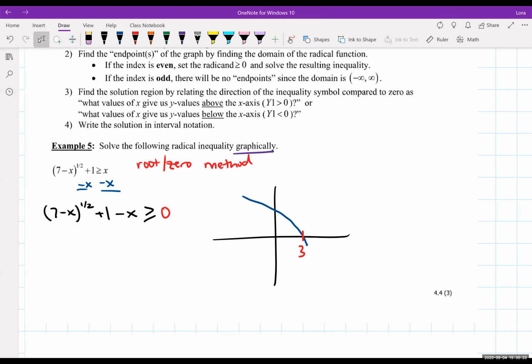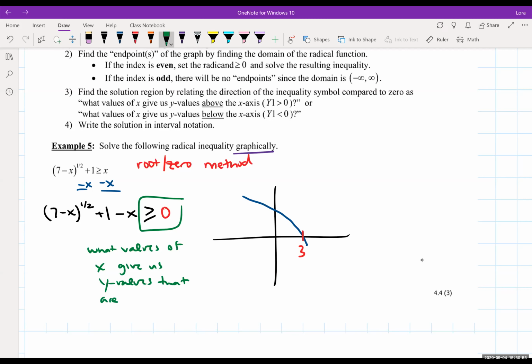Now when we interpret our graph, remember that if it says greater than or equal to 0, we would be asking ourselves what values of x give us y values that are positive. In other words, we're looking for where the graph is above the x-axis.